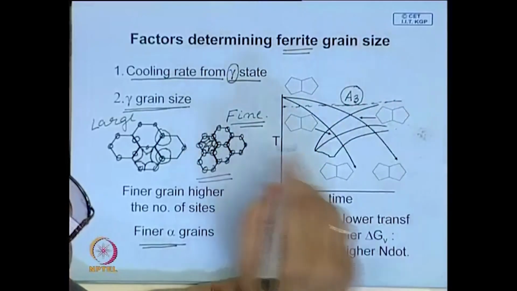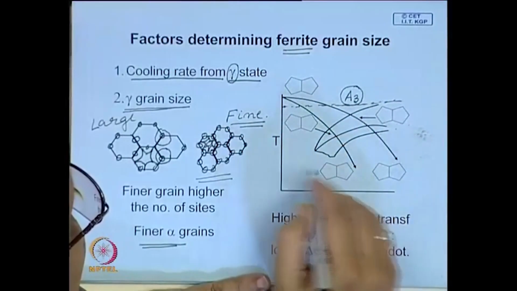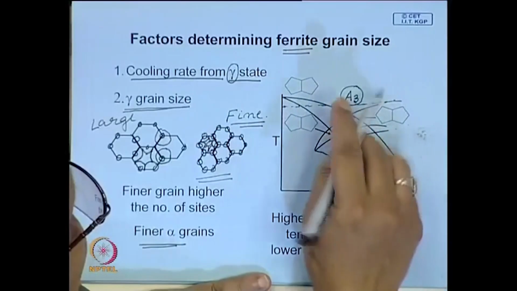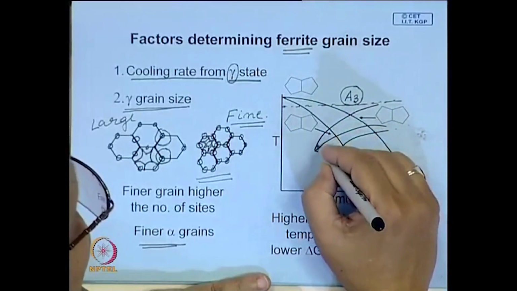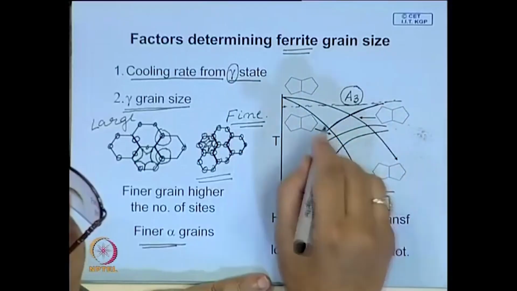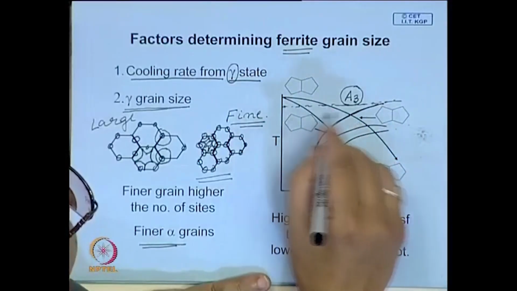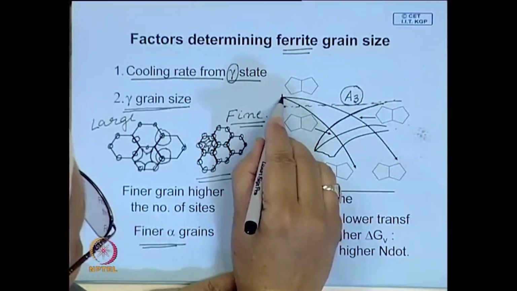But in reality, we have seen in the time temperature plot, this is the CCT diagram. We have only plotted that upper relevant portion of the CCT diagram, and this is the line which represents initiation of ferrite precipitation.